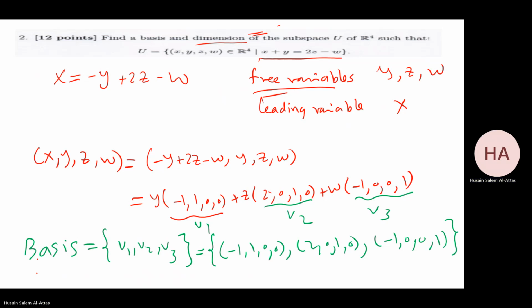The dimension, as I said before, will be 3. The free variables: how many? 3 variables. That will give me the dimension. 3 equals 3.